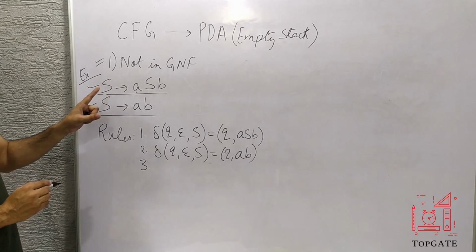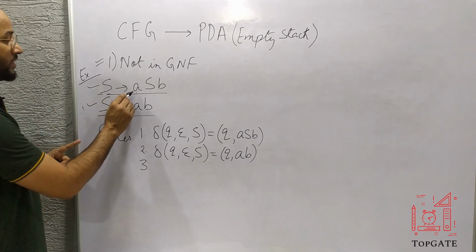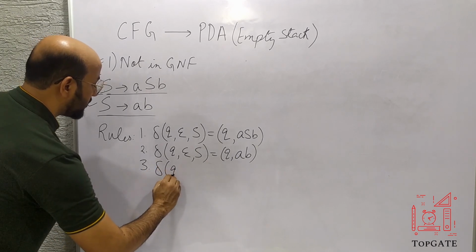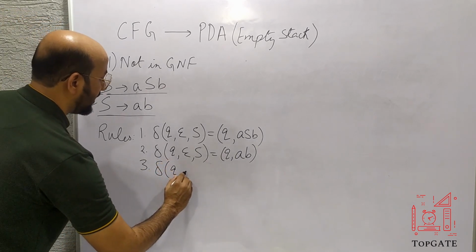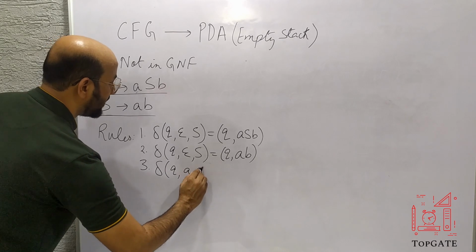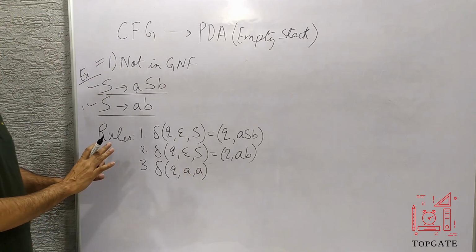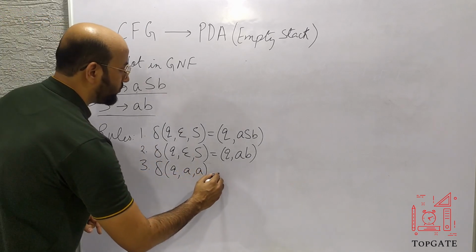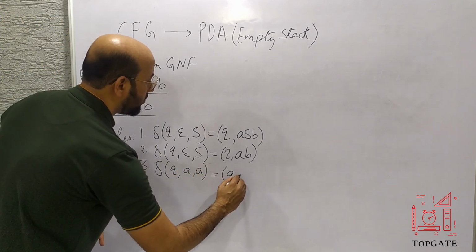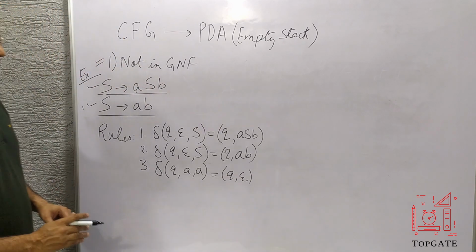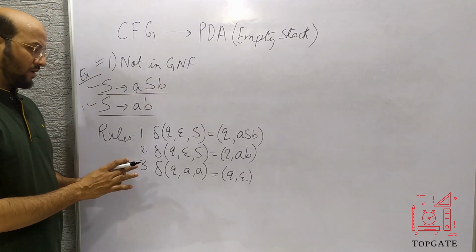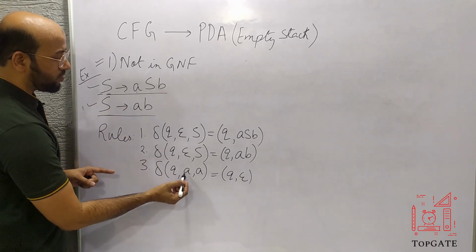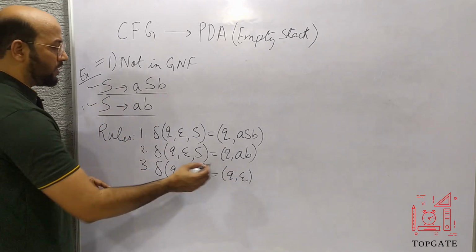Now rule number 3 is for the terminal. The first terminal is a, so I'll write a rule for a, that is delta of q comma a comma a is equal to q comma epsilon.